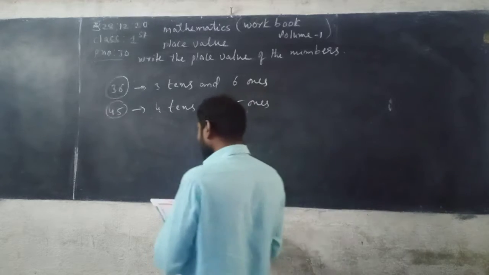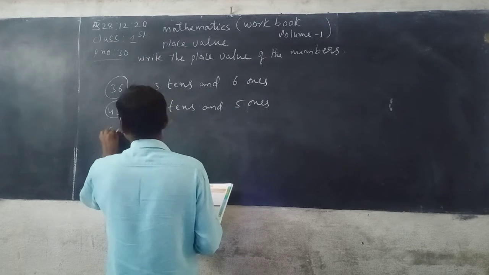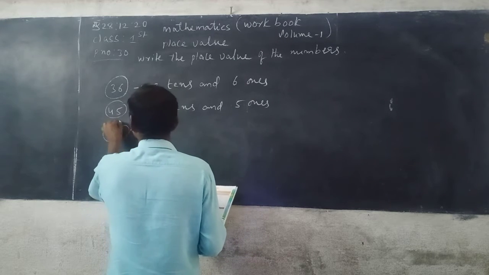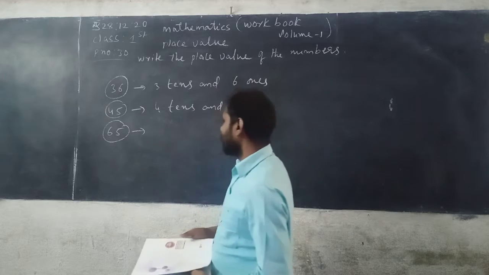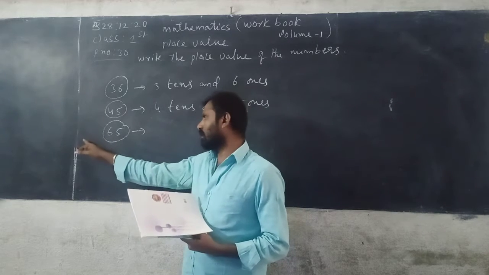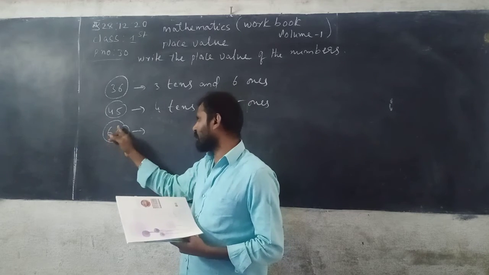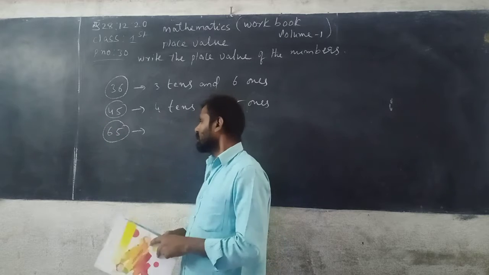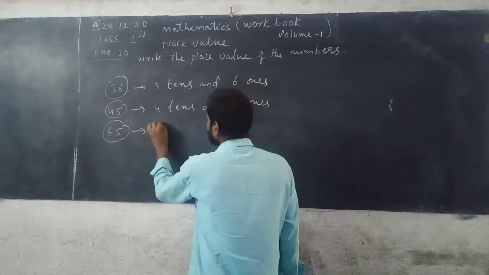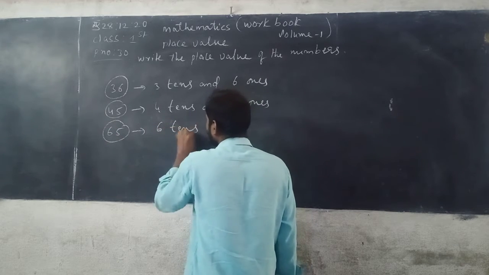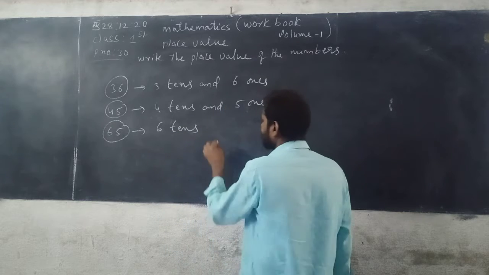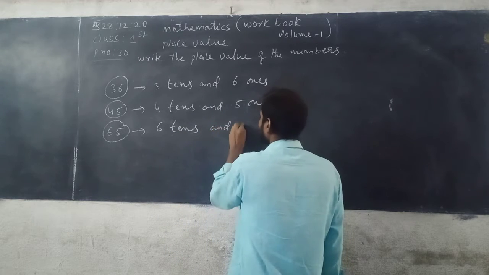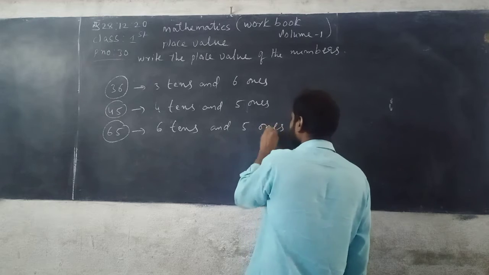Next 65. See here, from right to left side, 5 is in ones place, 6 is in tens place. Now 6 tens, 6 is in tens place, then you can write 6 tens and 5 is in ones place, 5 ones.